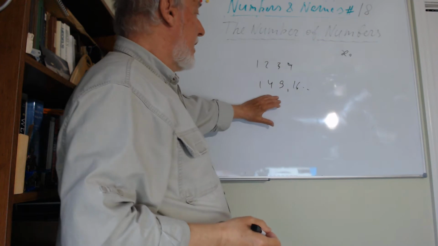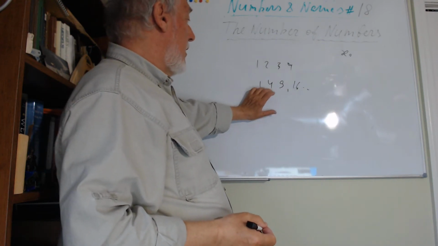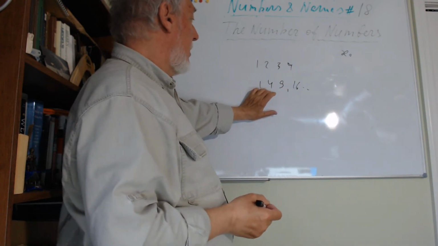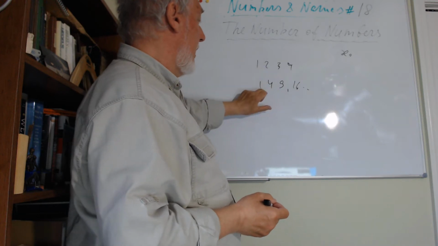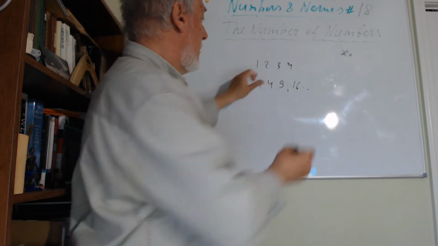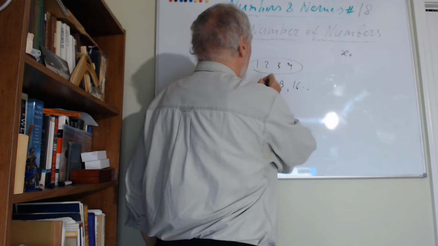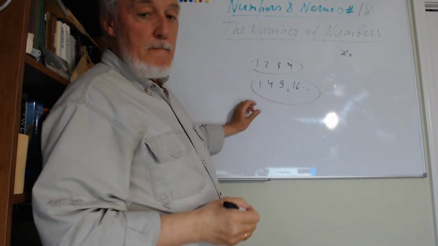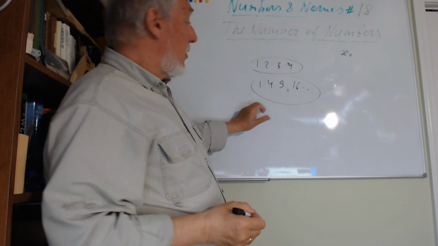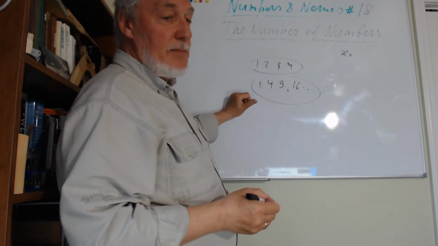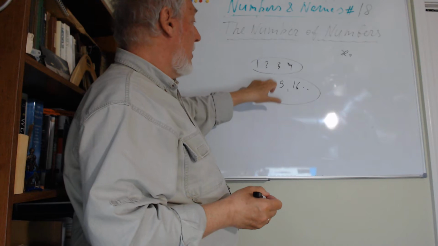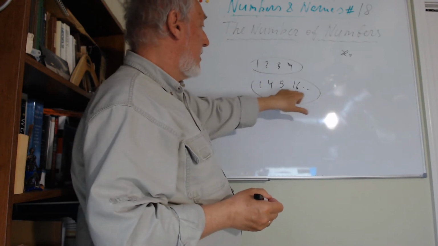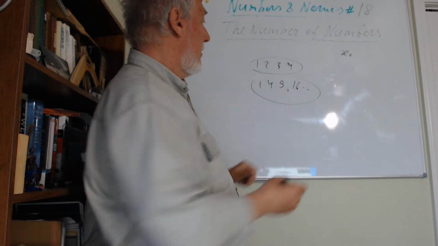And this is called a subset, because in the set of squares there are no numbers 2 and 3. Here they're present, and here they're not. It's called a subset because all of these numbers belong to the larger set.